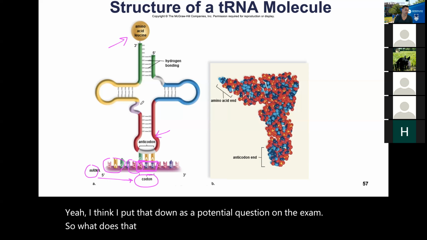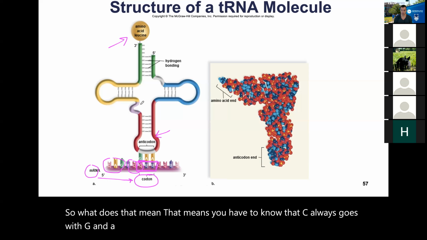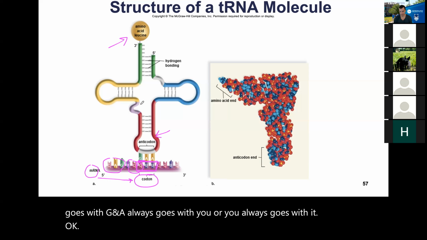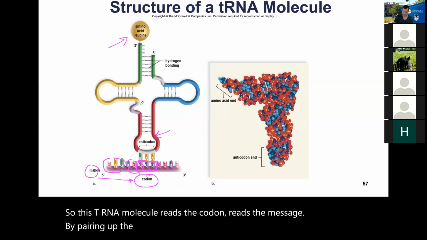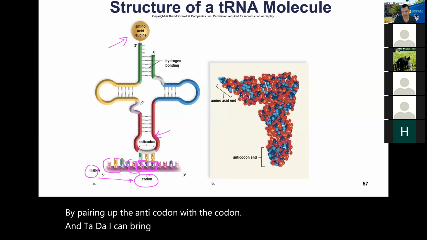That means you have to know that C always goes with G and A always goes with U, or U always goes with A. Okay, that's what that means. So this tRNA molecule reads the codon, reads the message by pairing up the anticodon with the codon, and ta-da, I can bring the very specific amino acid for that specific 3-letter segment.